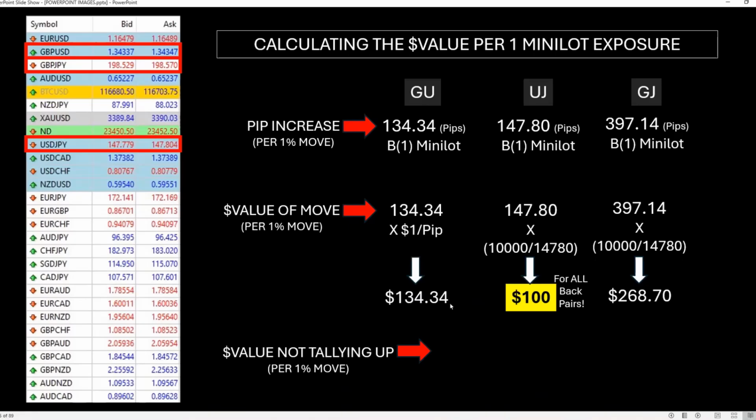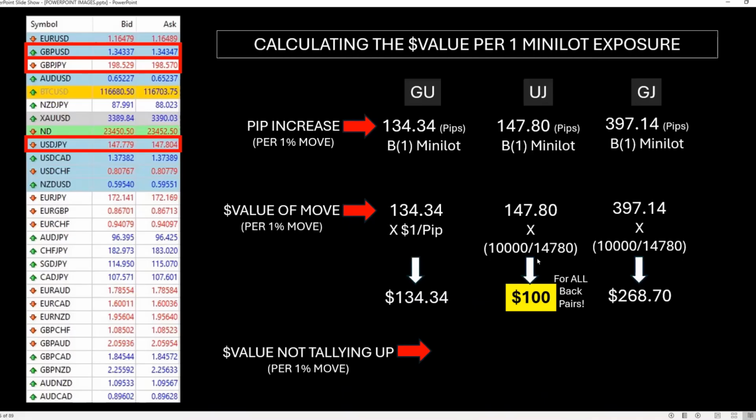For the UJ, okay, the base parent pair, you multiply by this, you get $100. The funny thing about this is that it doesn't matter whether it's UJ, or whatever the other currency is, whether it's J or Canadian or whatever, it doesn't matter.